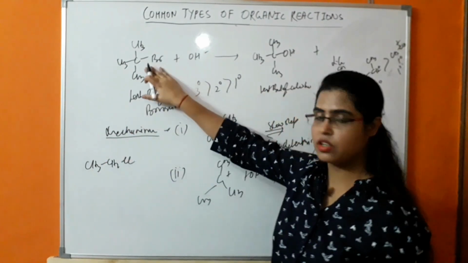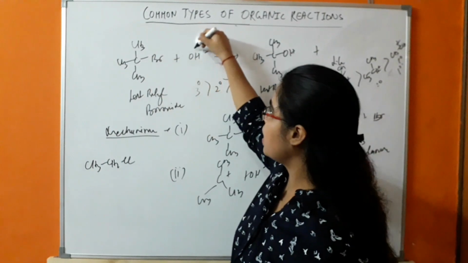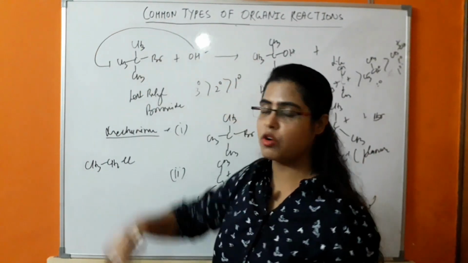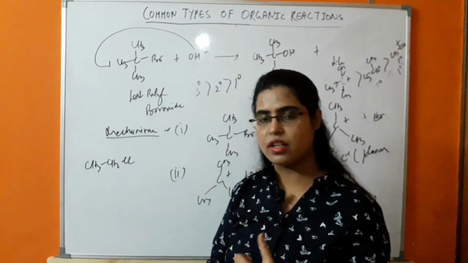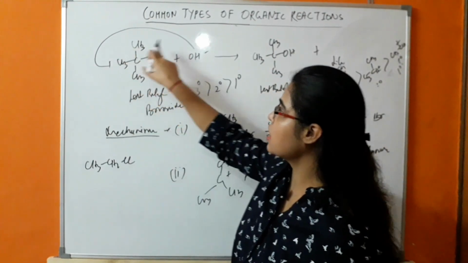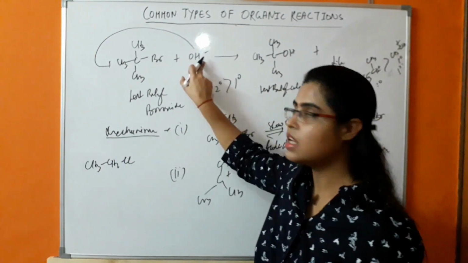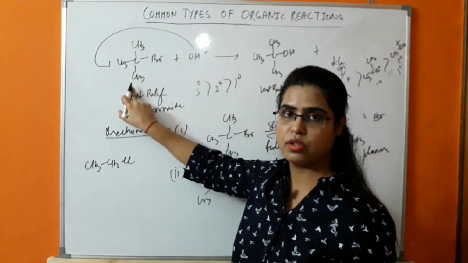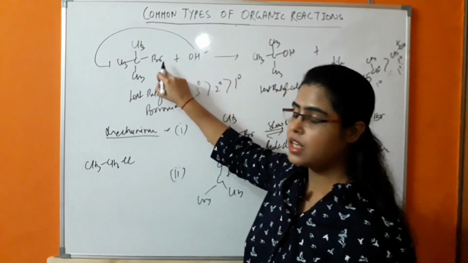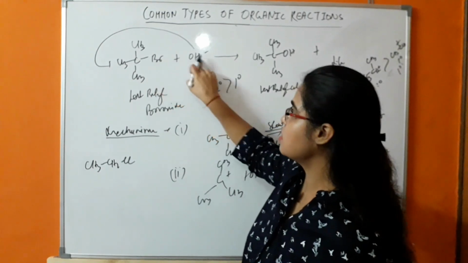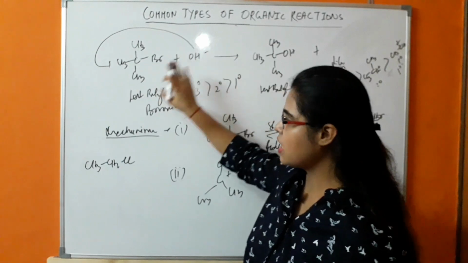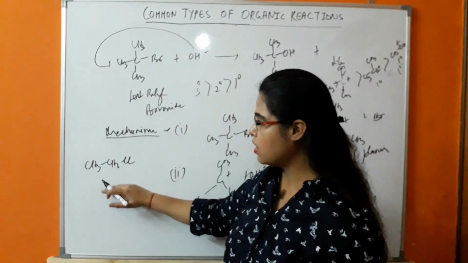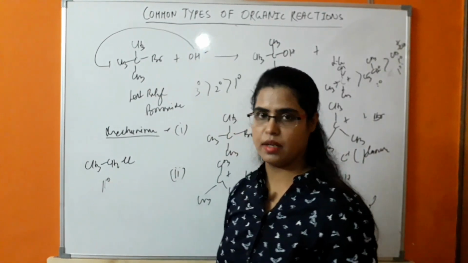So in the case of tertiary, when the nucleophile OH minus will be attacking from the back side, which is the condition of SN2 reaction, then there will be steric hindrance between the OH minus and these alkyl groups. ठीक है, and from the front side it will not attack because there is the same charge present on both the atoms.